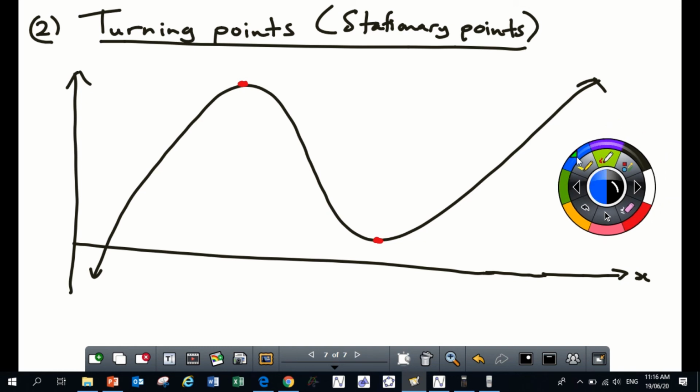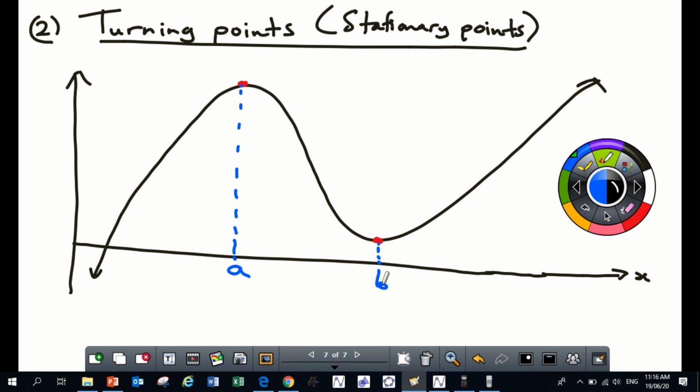Let's call the value of x at that turning point a, and the one at the second point b.